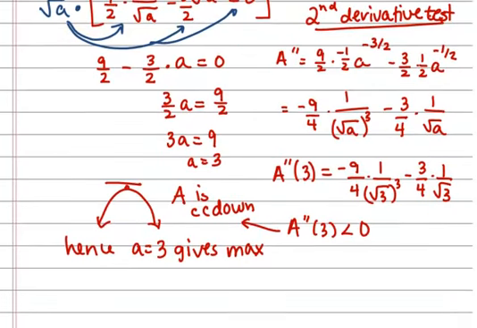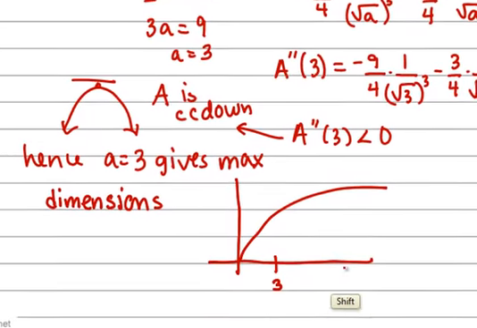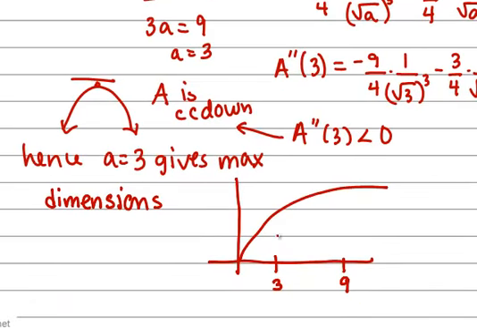Now once I know that dimension, then I just need to find my other dimension. So going back to our graph here, that's 3, that is 9, draw my rectangle, which means that my one dimension is 6, and then the other dimension is going to be the square root of 3.